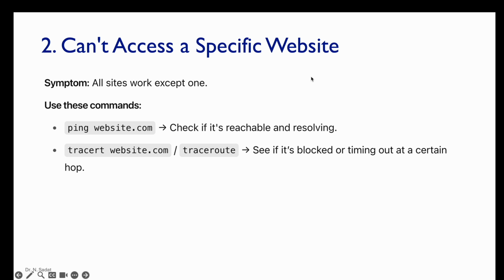The next one would be not being able to access a specific website. So we already saw how to use ping, right? So you try ping and the website, and if it works, then you know that the ping is working, then might be something else going on. We could also use traceroute to check whether that specific website is blocked.